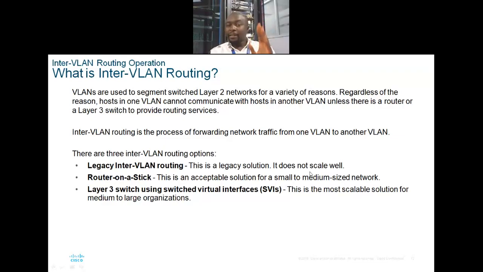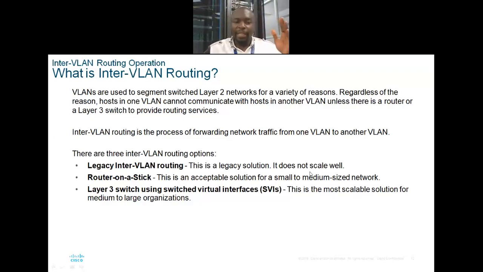Remember, a router is an inter-network device that does what? Path determination, and then what? Packet forwarding. So it determines the best path. A router receives traffic from this network, and then it can tell you where to forward it in order to reach its destination.